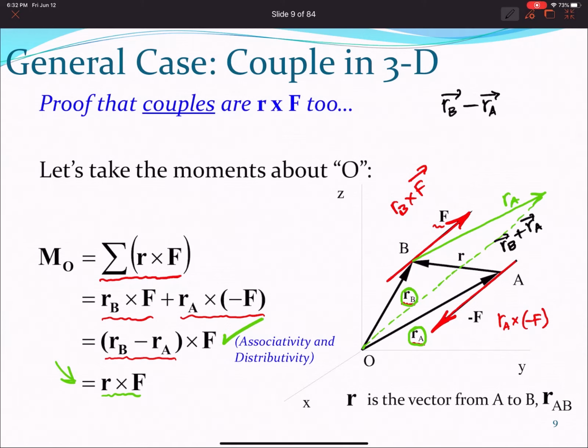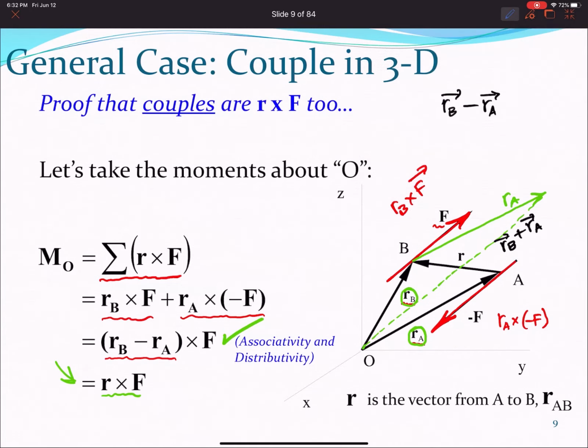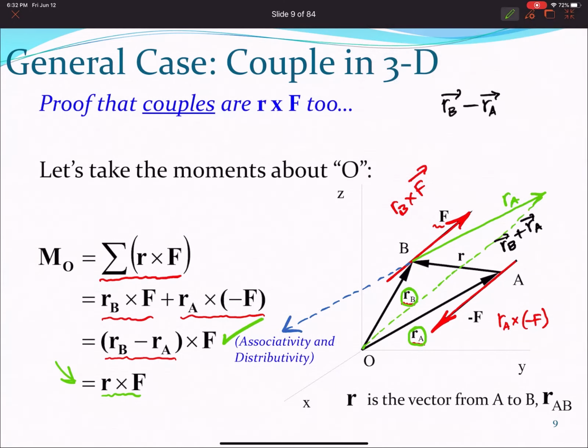Now, to subtract, I just have to add the negative. The negative of RA is this. And then I can do tail to tip, and this is RB minus RA.